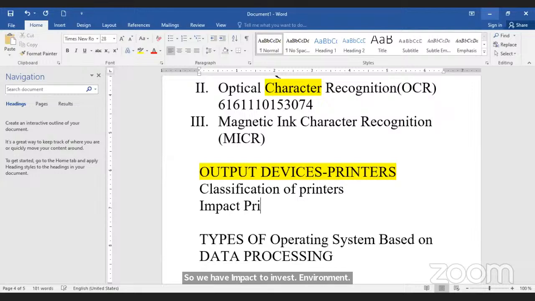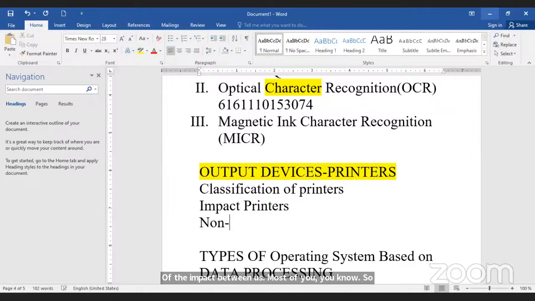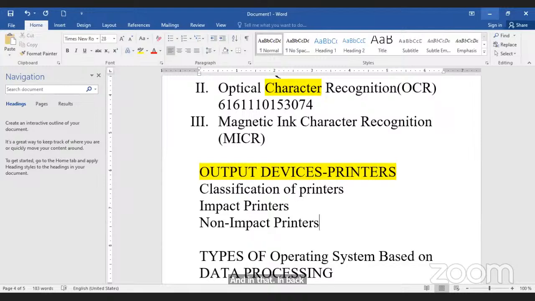Unajua nafundisha kitu ambacho most of you know, so it's like you are just revising impact printers. Okay? Examples of impact printers. I want them. And what's the difference between impact printer and non-impact printer? Impact, hiyo impact inamaanisha nini?